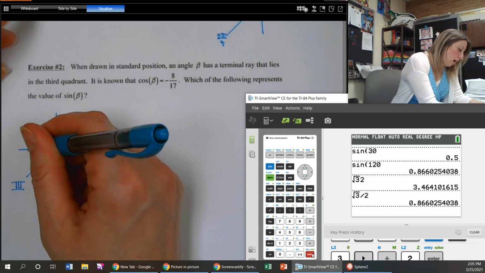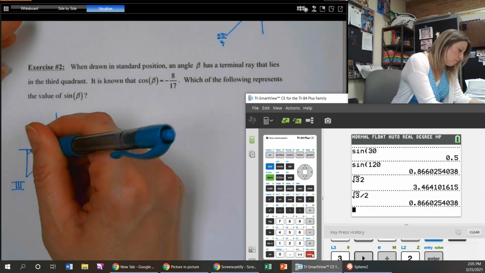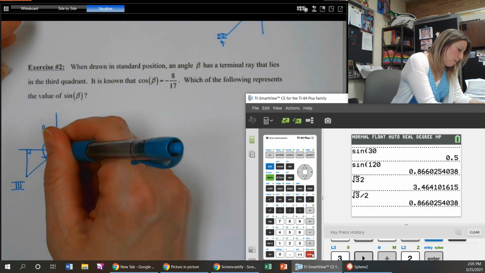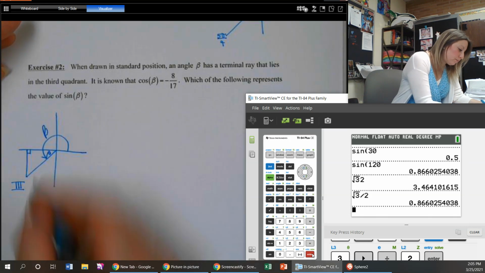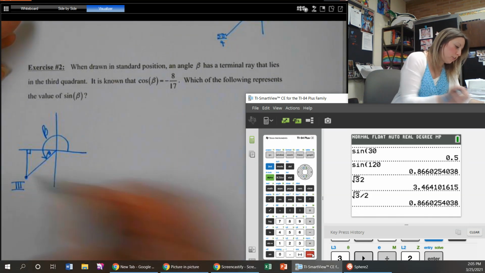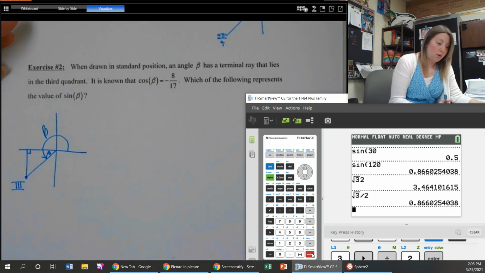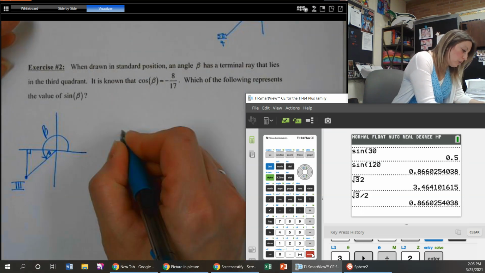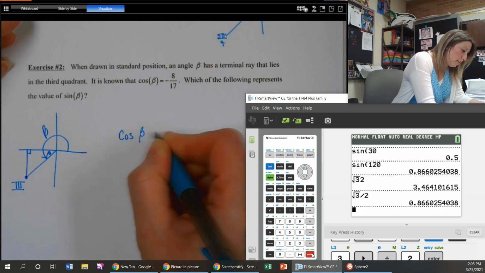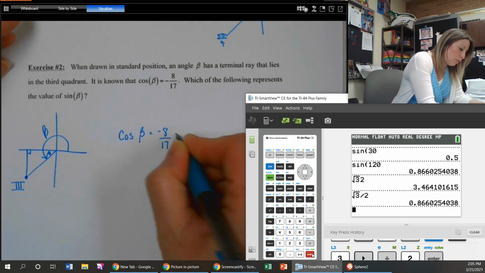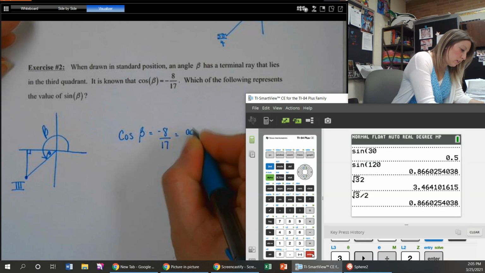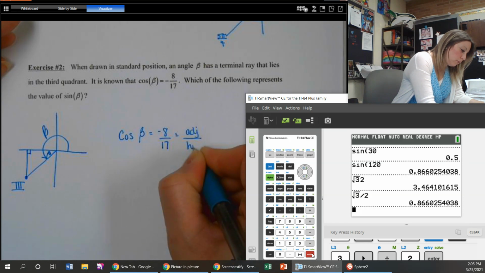Okay, so if I drop my altitude, all right, here's my reference angle right here. So we're talking about this point on the unit circle right here. Okay, we know that cosine of beta is negative 8 over 17. And we know that cosine is the adjacent side divided by the hypotenuse, right?